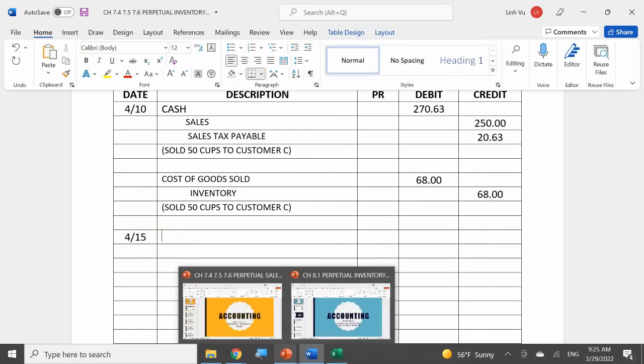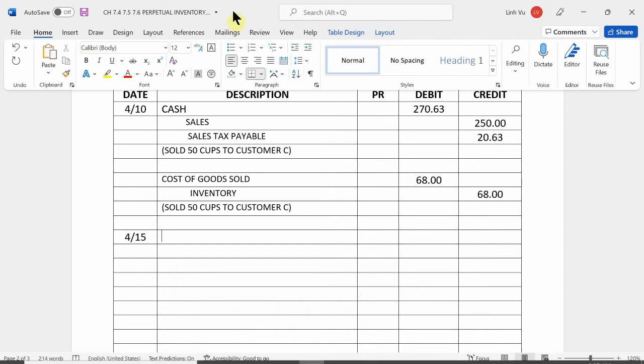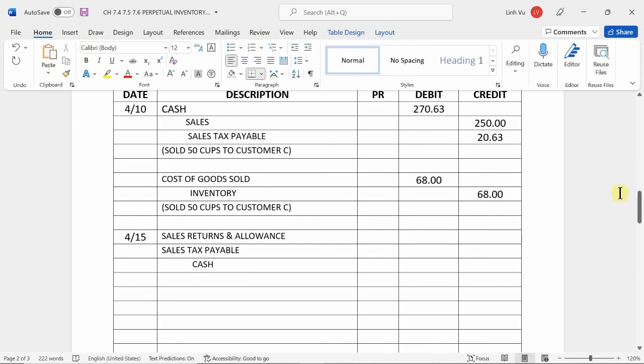So what account do I need to use? Sales, returns, and allowances. Good. Okay. What else do I need to give back? Tax. You need to give a portion of their tax money back. Okay. And last but not least, how did customer A pay me? Cash. So therefore, I'm going to refund customer A with cash.